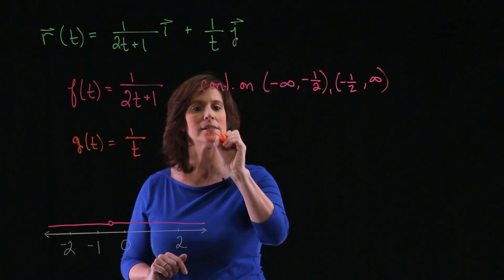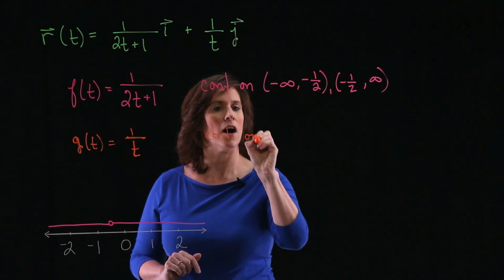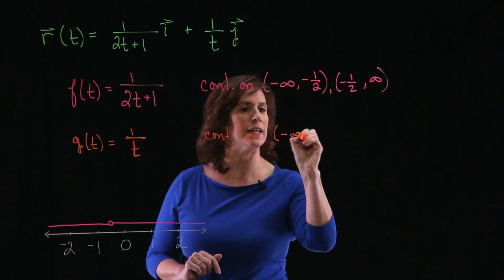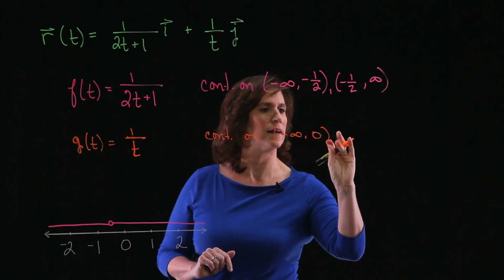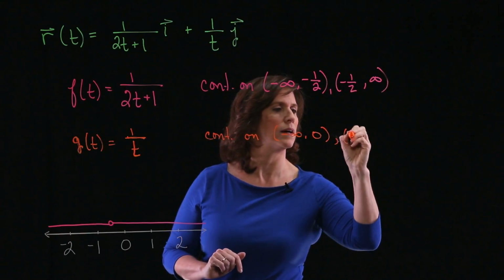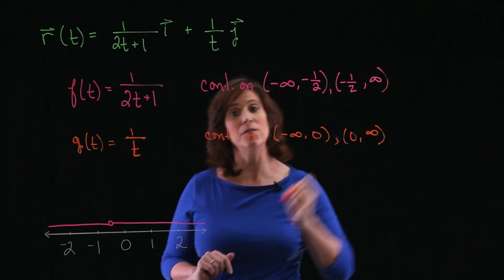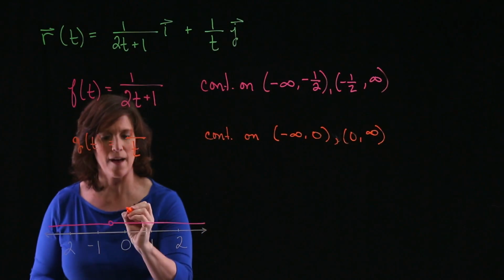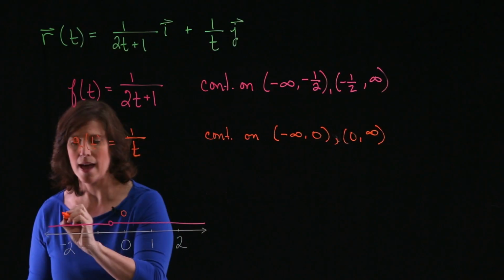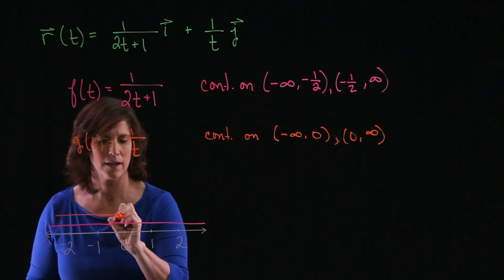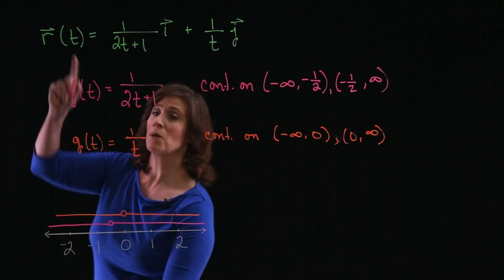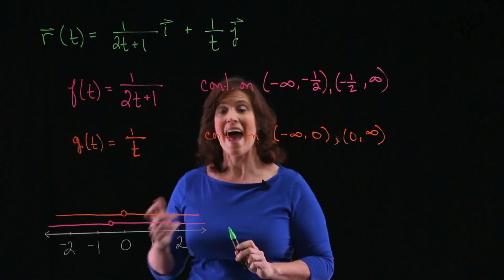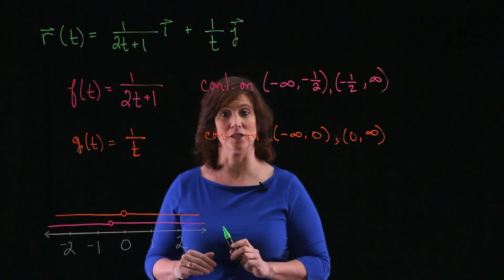So it's continuous on the interval from -∞ to 0 and 0 to infinity. Visually, I'll have a discontinuity at 0, and otherwise, my function's continuous.